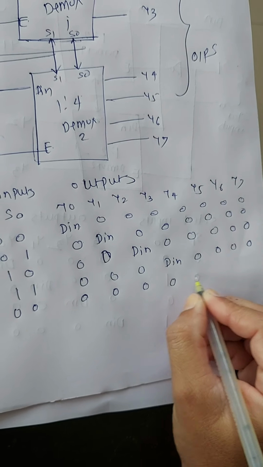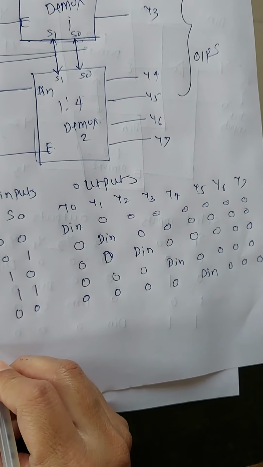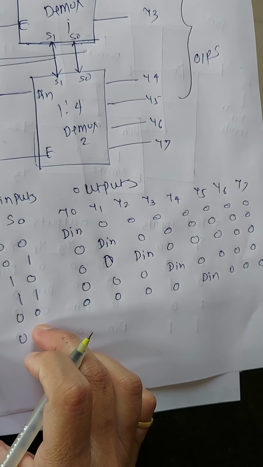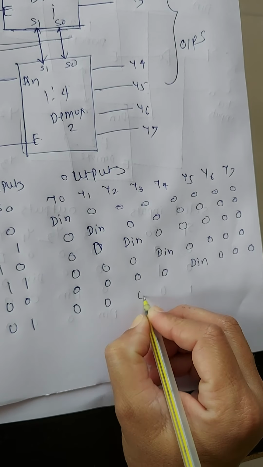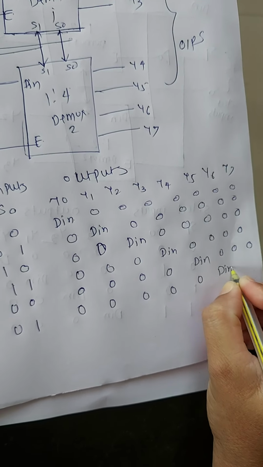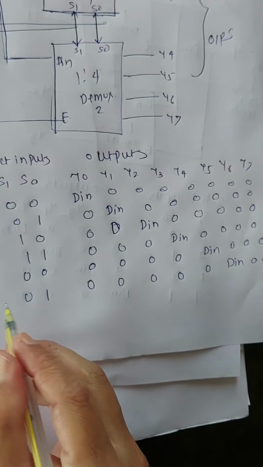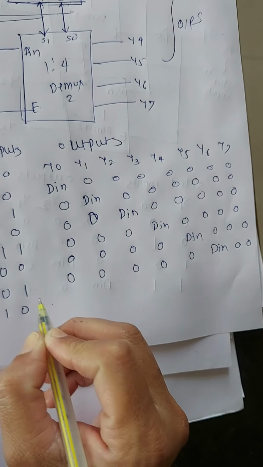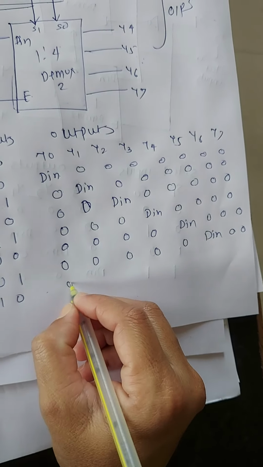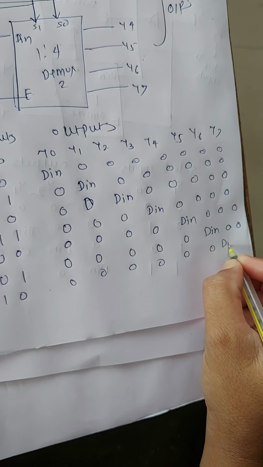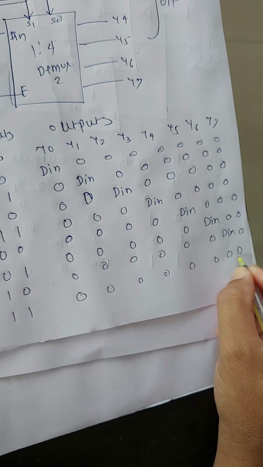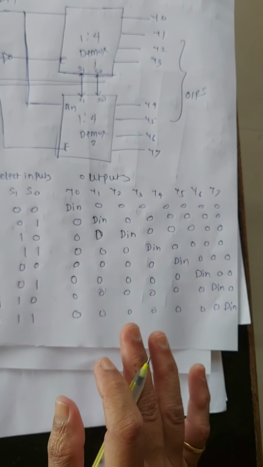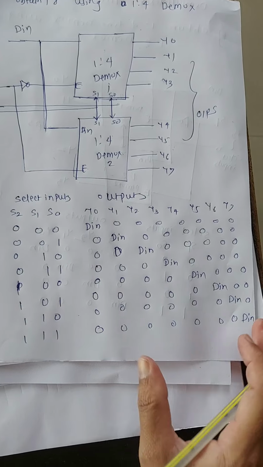Next 1, 0, 1 means 5, so the Y5 output is selected and D in distributes to Y5. Next 1, 1, 0 is 6, so D in distributes to Y6, and for 1, 1, 1, D in goes to Y7. This is the demultiplexer. We obtain 1:8 demux using 1:4.